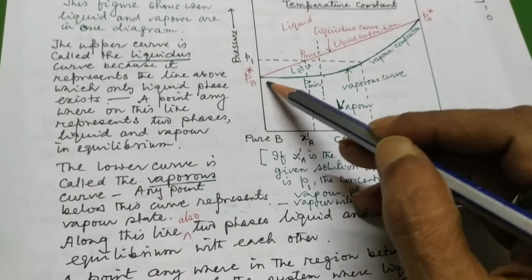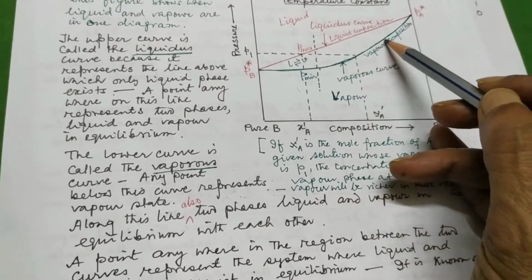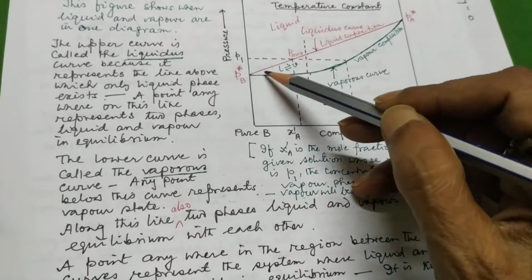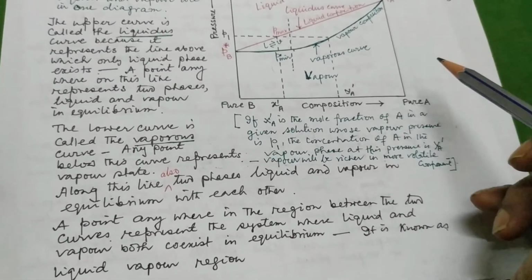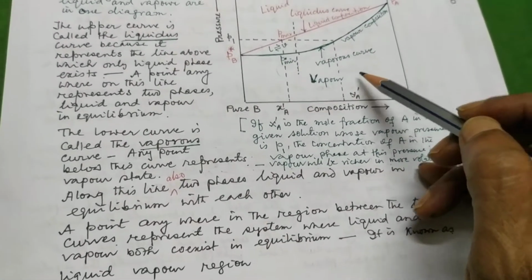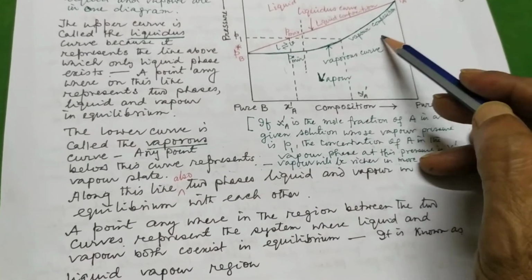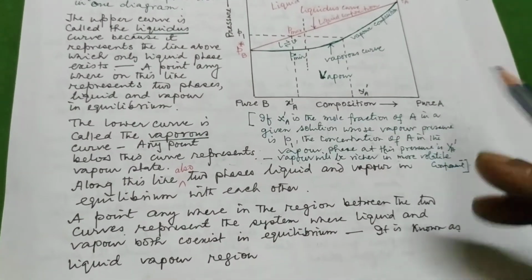Along this line also, vapor and liquid are in equilibrium with each other.